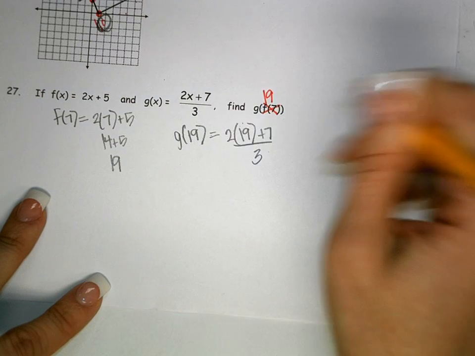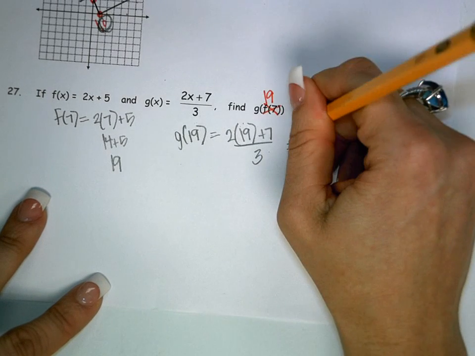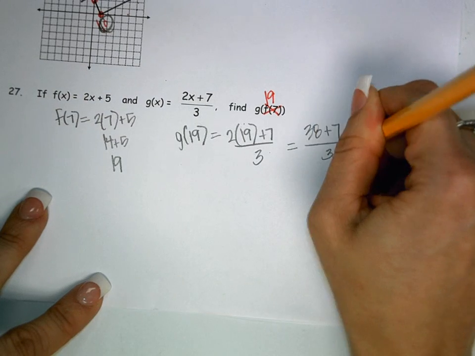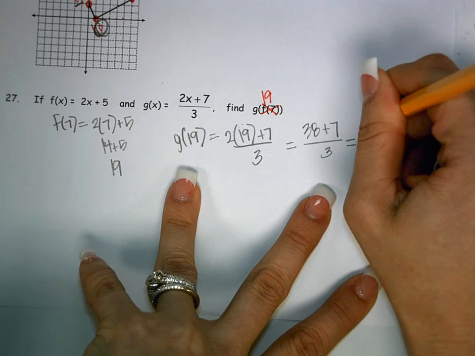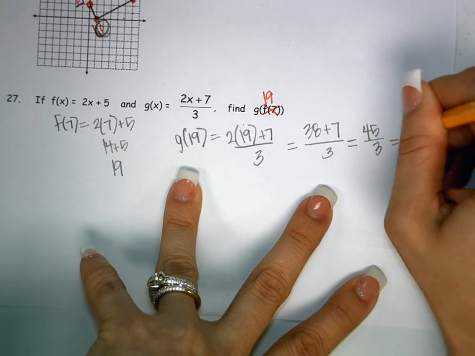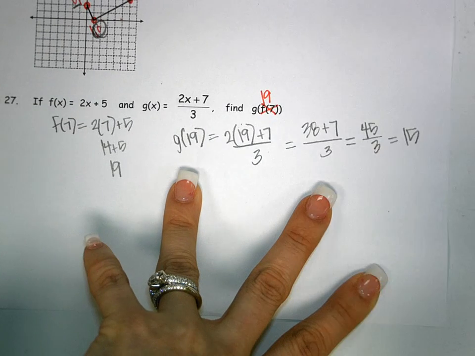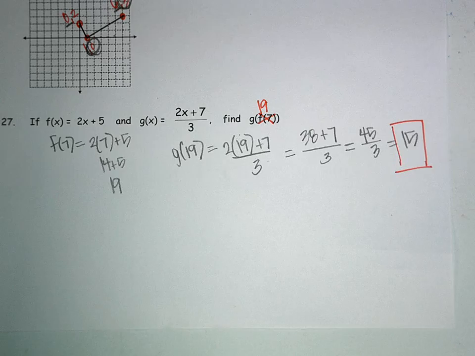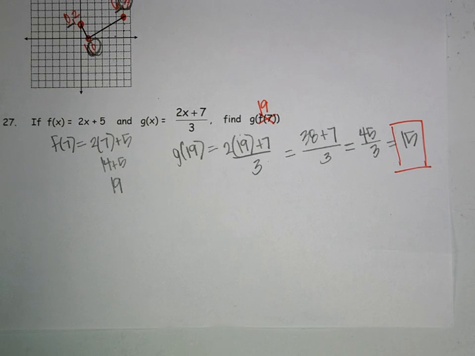What is 2 times 19? 38 plus 7 over 3. What is 38 plus 7? 45 over 3, which reduces to 15. So whenever you're doing these, they are called compositions. You're always going from the inside and moving out.